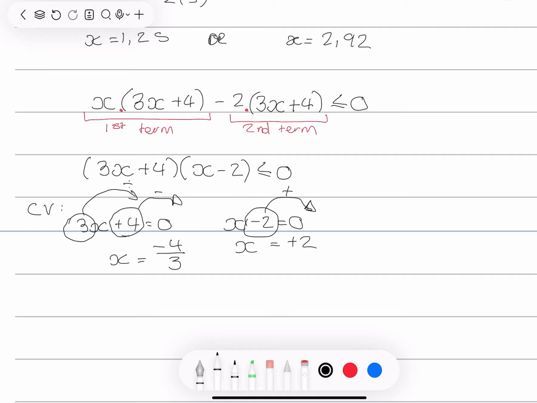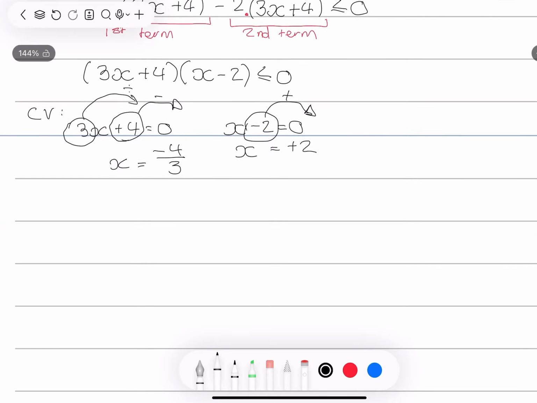Okay, hope you're still with me. Then we draw this nicely on the number line. So on the number line, we then have minus 4 over 3 and 2. Understanding that this was less than and equal to. Alright, so let's just write that out.